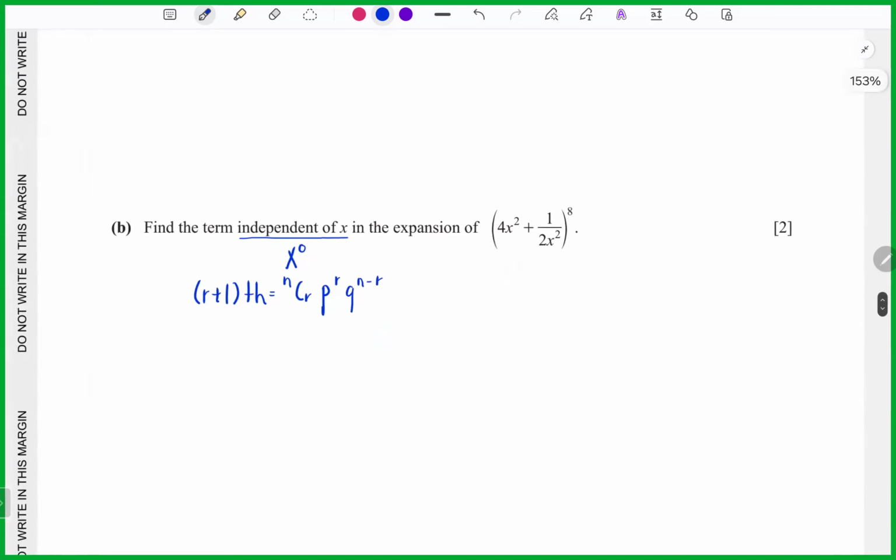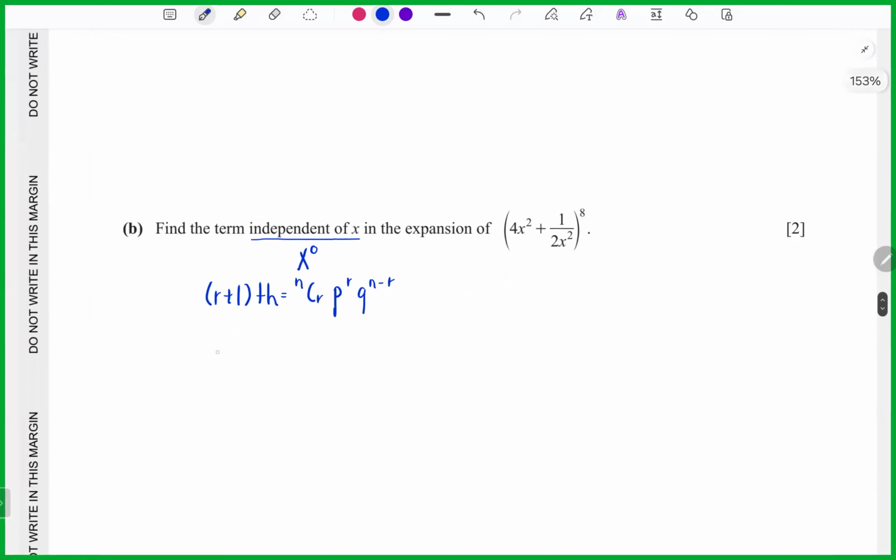So you can take x squared power r, bracket x negative 2 power 8 minus r, equals x power 0.